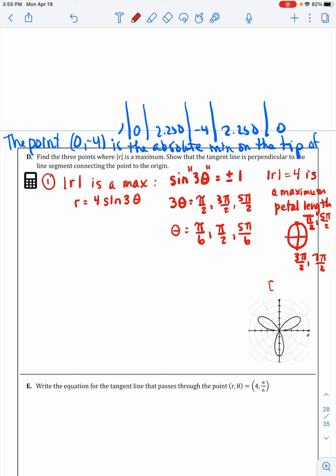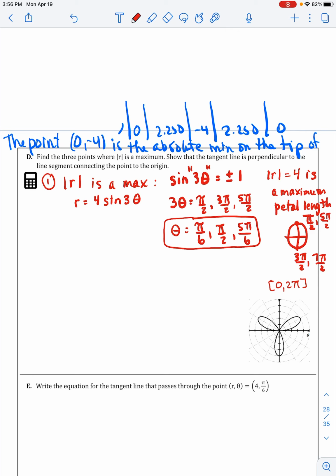Remember this petal was sketched with 0 to 2 pi, so I'm only worried about 0 to 2 pi, and this gives me at least until pi. I might have more, but if I kept going, when does it happen again? Was it 9 or 7?